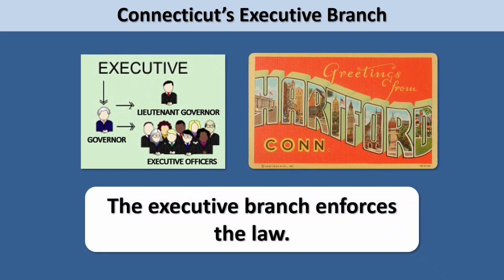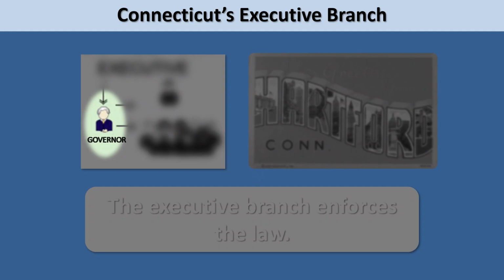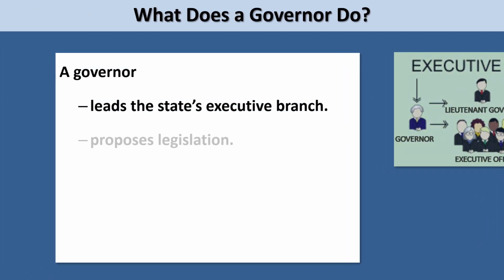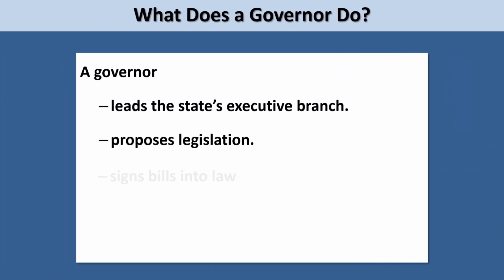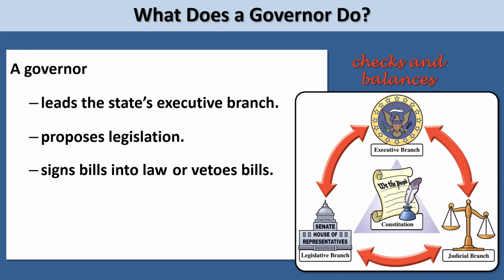The leader of the state executive branch is the governor. A governor's powers are similar to a president's powers, but at the state level. A governor leads the state's executive branch, proposes legislation, and signs bills into law. Like the President of the United States, governors can veto bills passed by the state legislature that they do not agree should become law.